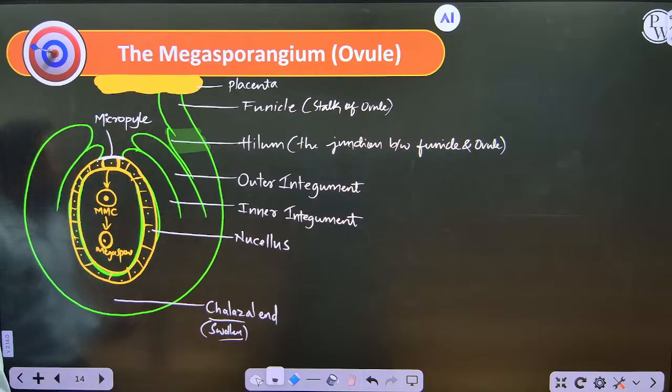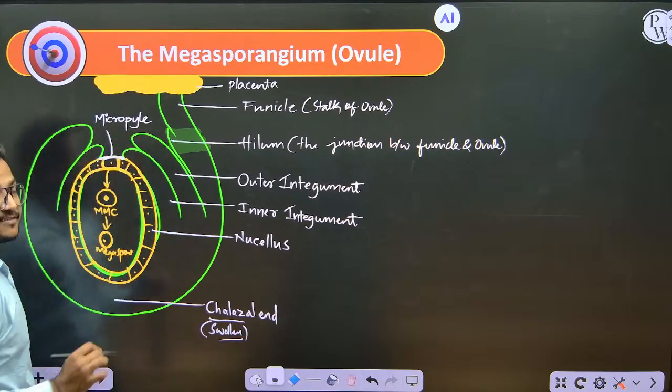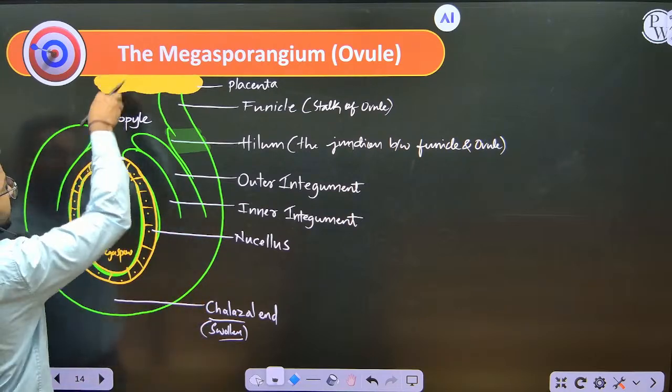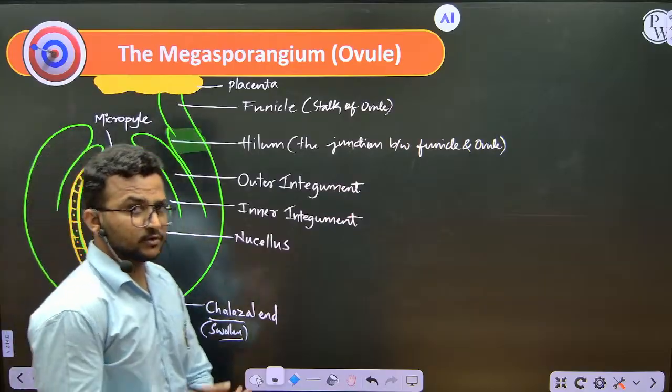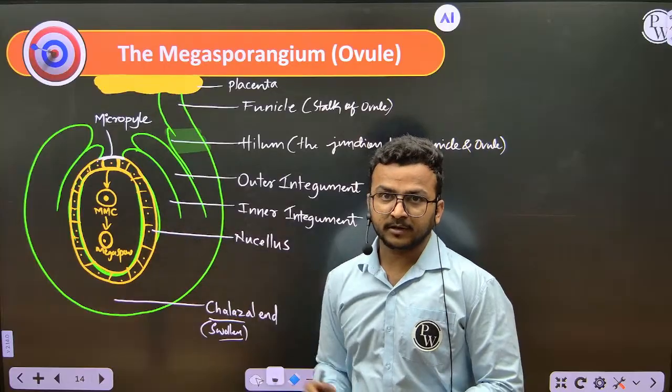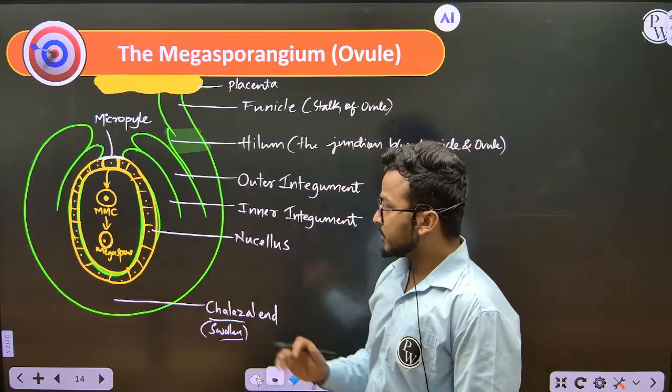Micropyle is the micropore from where the pollen tube usually enters the female reproductive structure, the ovary or ovule.